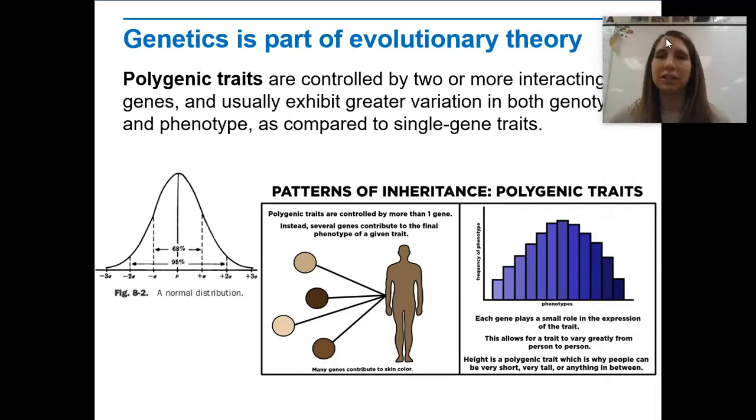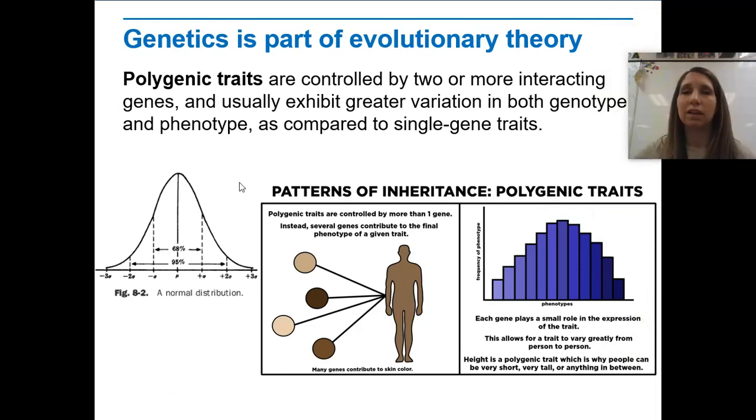The harder types of traits to track, in a scenario where we're looking at how genes influence natural selection, would be polygenic traits. Polygenic traits are traits controlled by multiple genes. That means we have many locations on many chromosomes that together interact to create a phenotype, okay? It's not just one thing. It's a number of different sequences in our chromosomes. So polygenic traits are more complicated because you have to consider multiple factors.